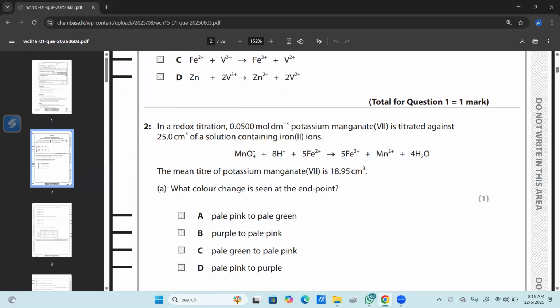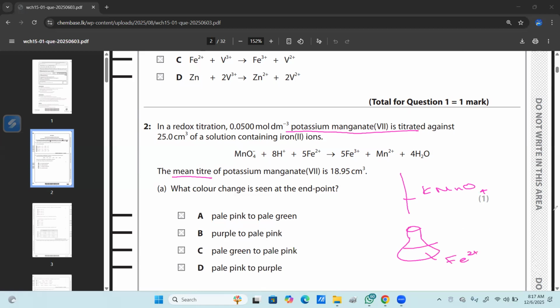Then children, here we need to find the color change, right? First, we should know what is in the burette and what is in the conical flask. From this, the mean titre for potassium manganate is 18.95. And also when they say potassium manganate is titrated against, it means potassium manganate is in the burette and Fe2+ is in the conical flask.